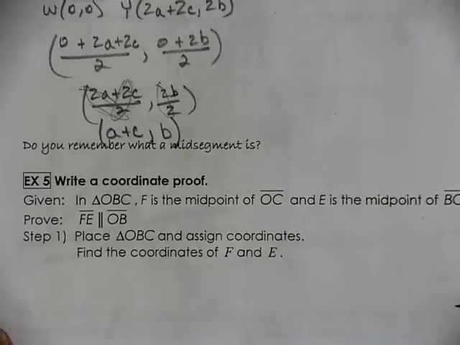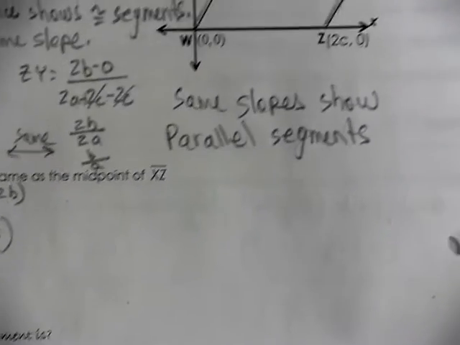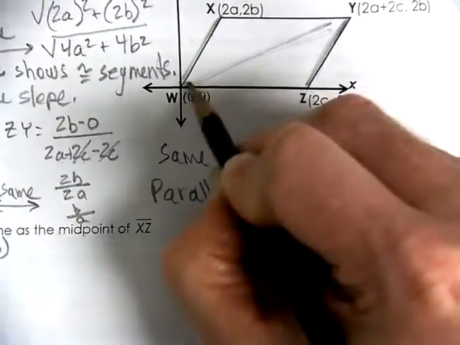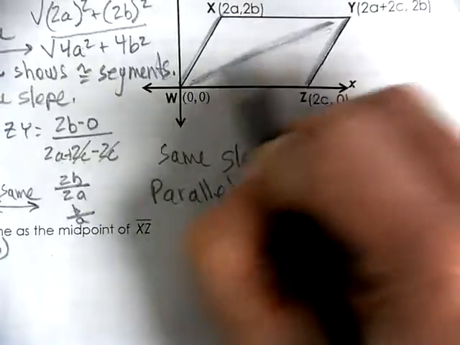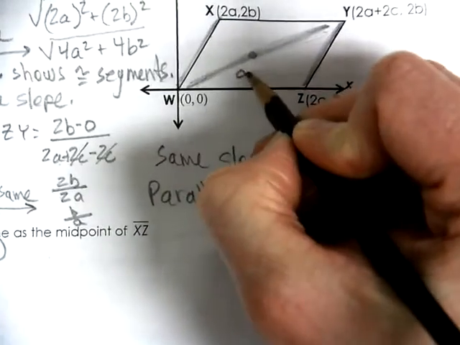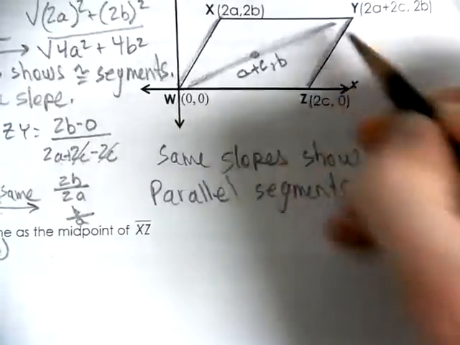So that's our midpoint. So if you come back up here, our midpoint would be right there at a plus c, comma, b.